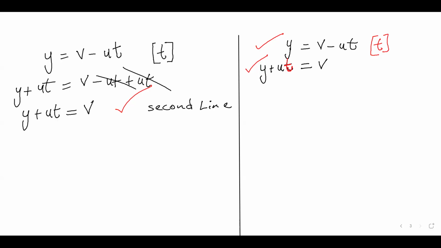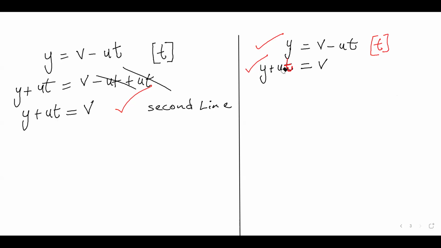So I didn't really process that last part. I am saying you are finding for T. Y plus UT equals V. It means that you have to get rid of Y and U. Which one do you get rid of first?